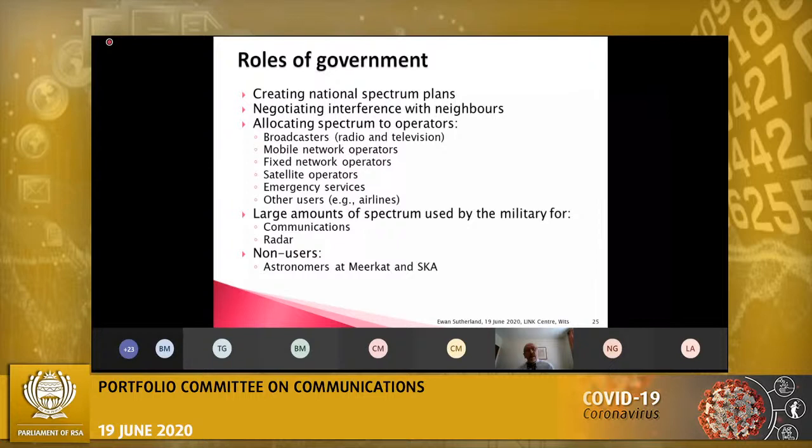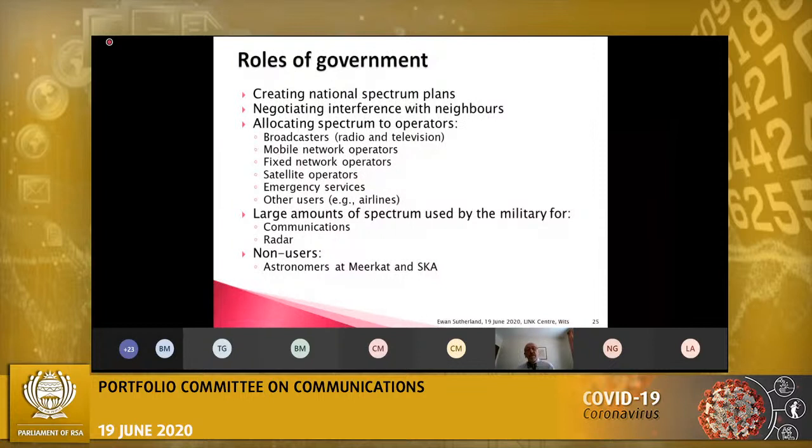It's then a matter of allocating spectrum by whatever means is appropriate to broadcasters. Some work now at the moment on community broadcasting. Again, if you have frequencies which don't transmit long distances and which are relatively low powers, you can then have community radios, mobile operators, mobile fixed network operators.